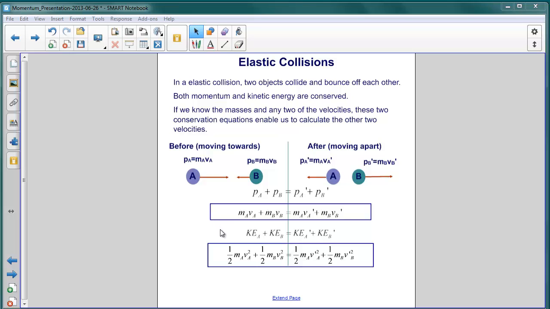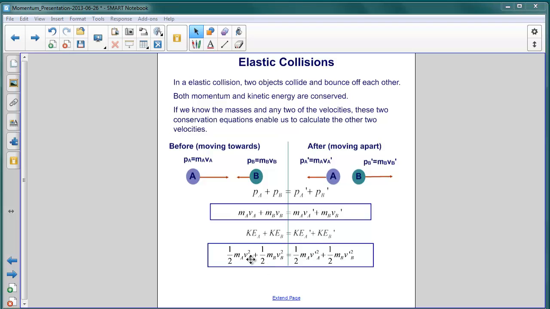In addition to that, we have the kinetic energies. The sum of the kinetic energies before and after have to be the same. And if you remember, the kinetic energy is just given by 1/2 mv squared. So for object A, it's 1/2 ma va squared, and for object B, it's 1/2 mb vb squared.